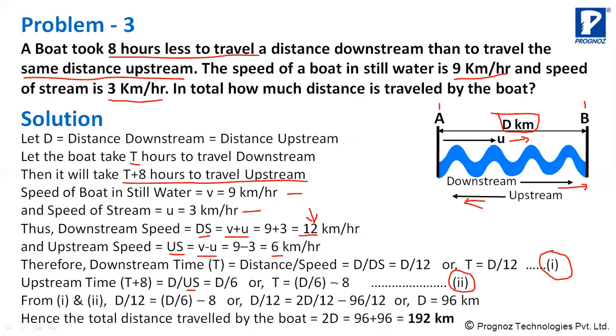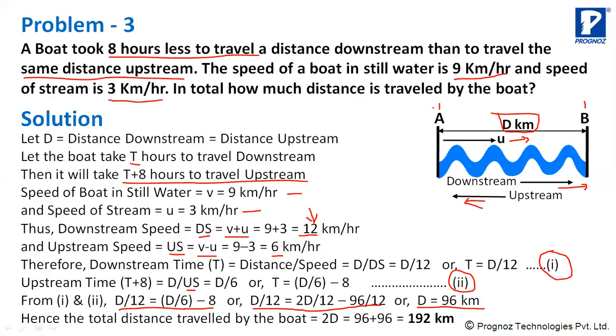Now, since both equations give t, we can say d by 12 is equal to d by 6 minus 8. Solving this equation, finally you get d is equal to 96 kilometers.